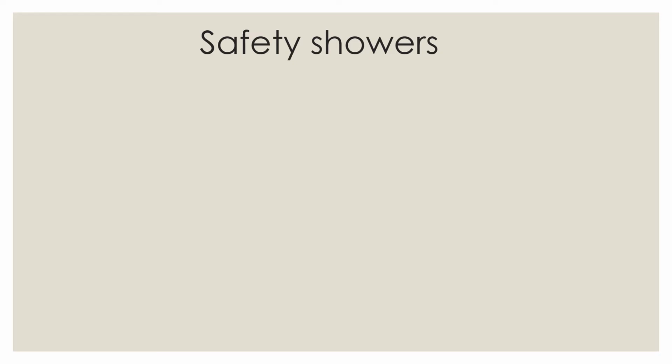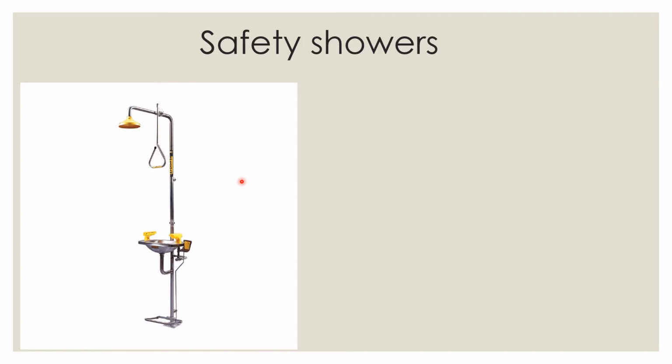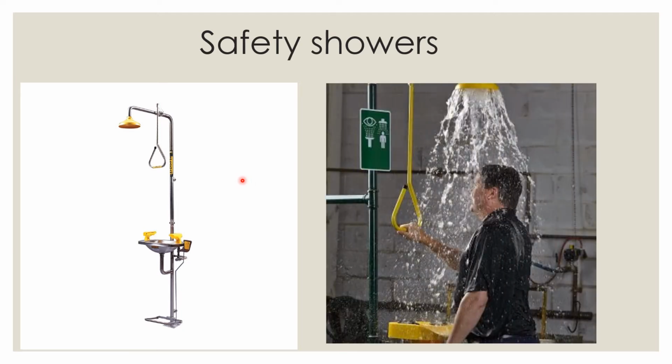Secondly, in case there is an incident which involves the splashing of a chemical on your body, then we have to run to the nearest safety shower. The safety shower is going to flush away any chemical which may be spilled on our body. The first thing is to stand directly under the shower.